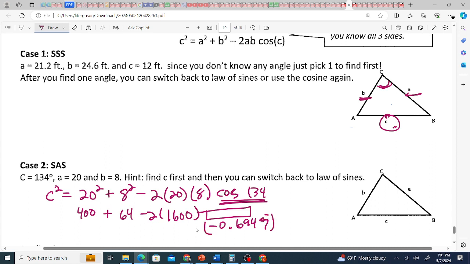So then I multiply all those values: negative 2 times 1600 times this negative decimal, and then add those two and subtract whatever that is. Negative 0.6947 times.